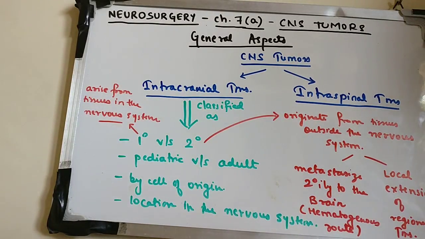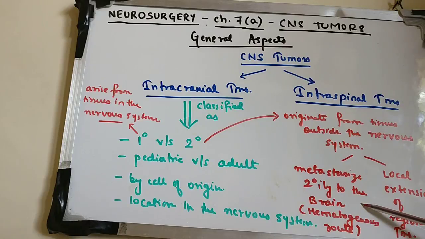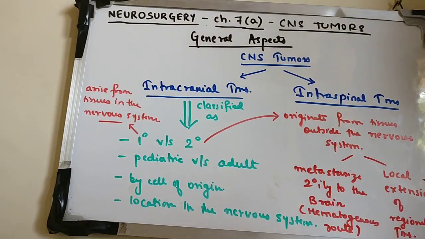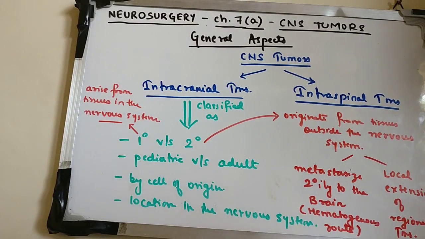They're going to originate from tissues outside the nervous system and they're going to metastasize secondarily to the brain. Now this metastasis is usually through the hematogenous route, or they can come from local extension of regional tumors such as your chordoma, scalp cancer, etc., and then they're going to reach your nervous system.